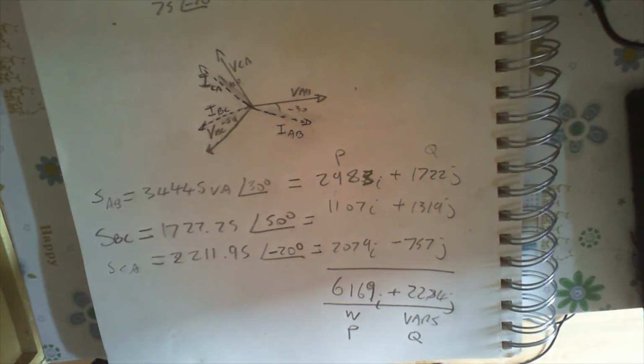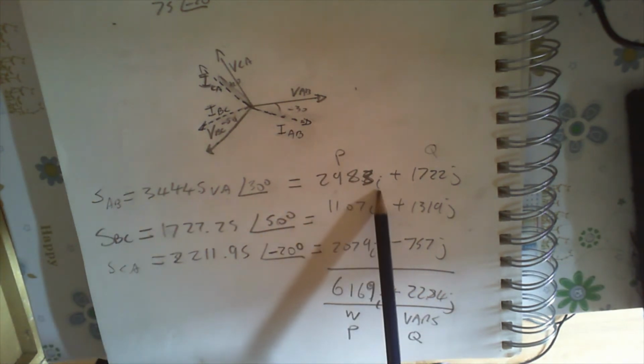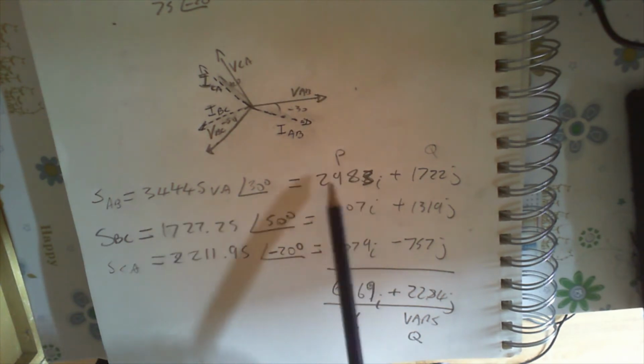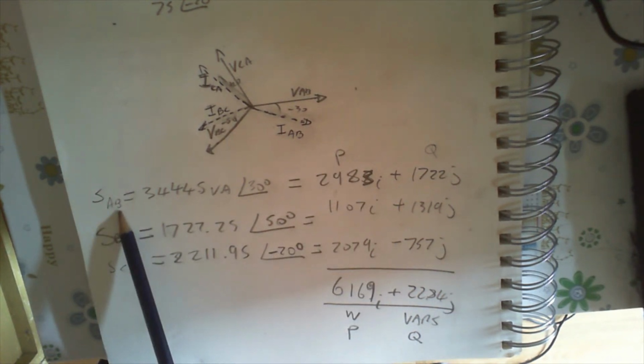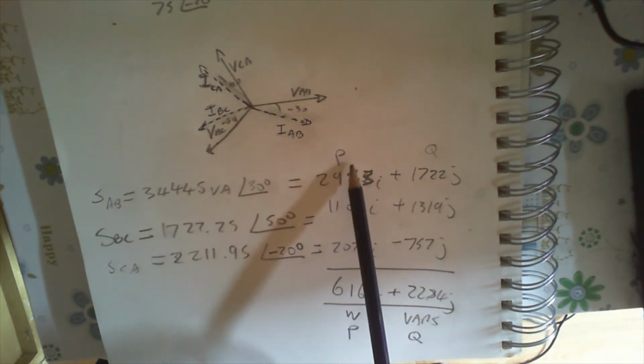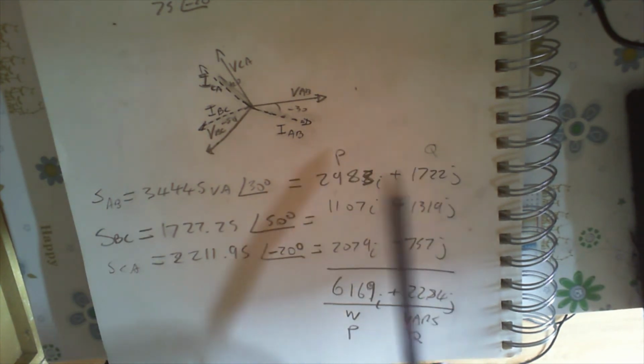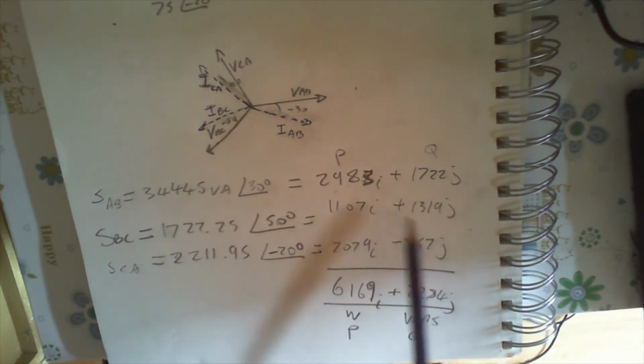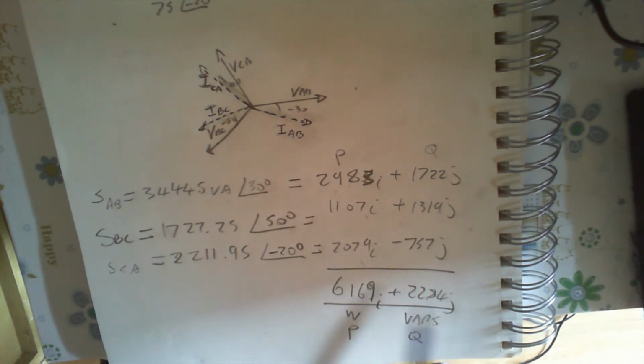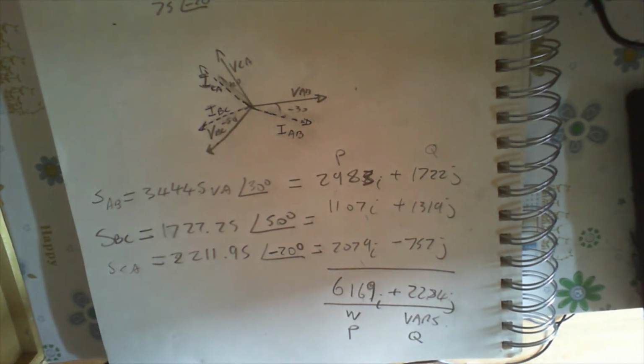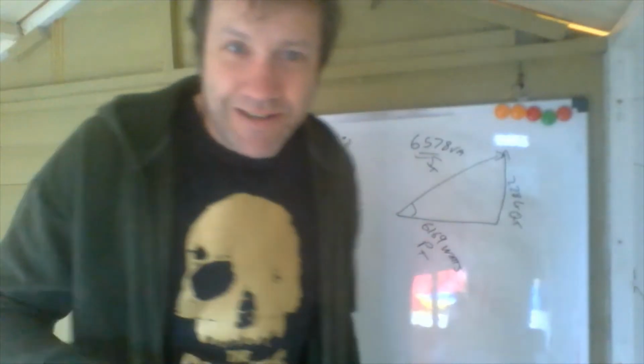Right, so what I've done there is I've split the apparent power into its power and reactive power components, and I've just added them together to give us our final result there. And again, that's the watts, that's the VARs, your power, reactive power, and your I and your J part of that vector. I'm just going to go to the board for a second.